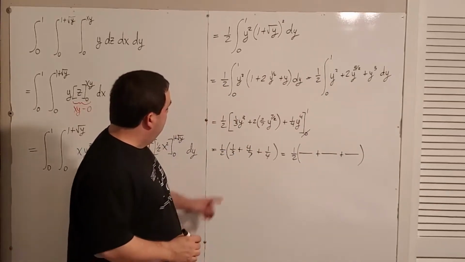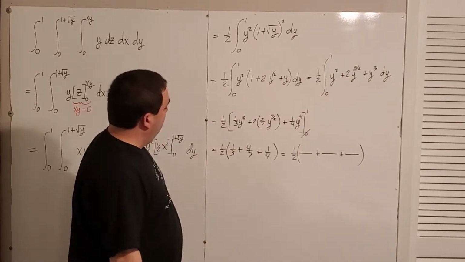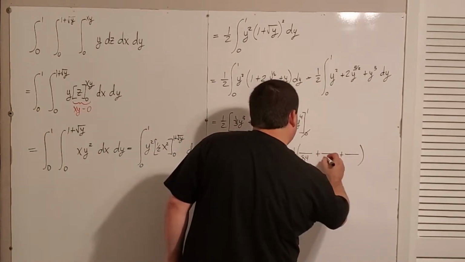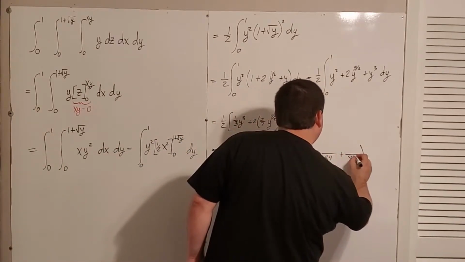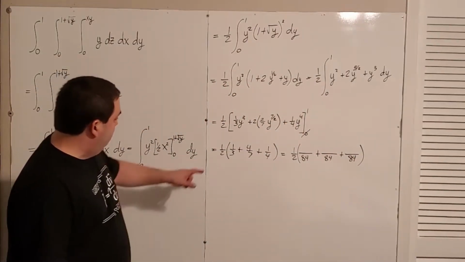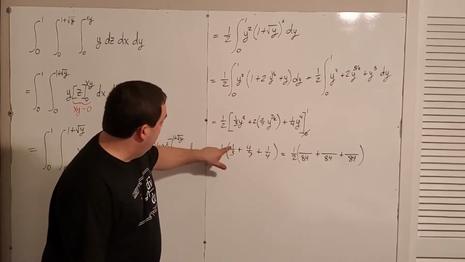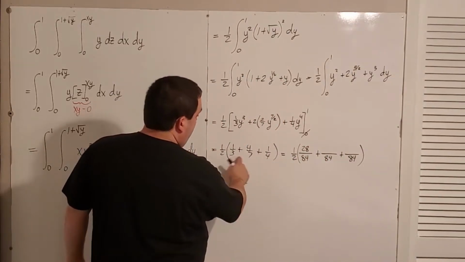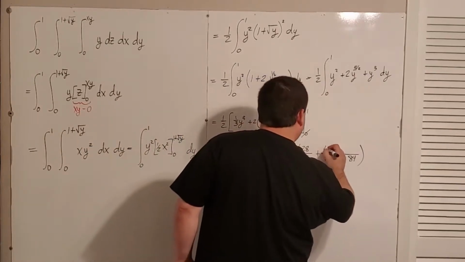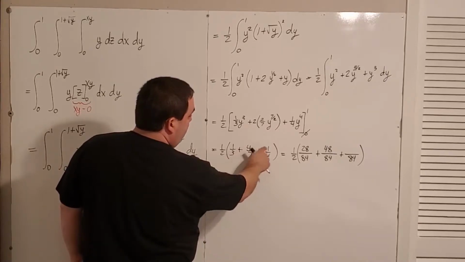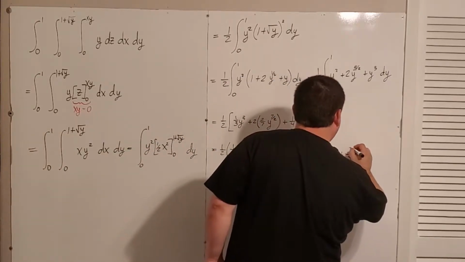Okay. So let's see. 3 times 7 times 4 is going to be 84. Nice. Okay. So then I've got 28. And then I've got 48. Right? And then I've got 21.